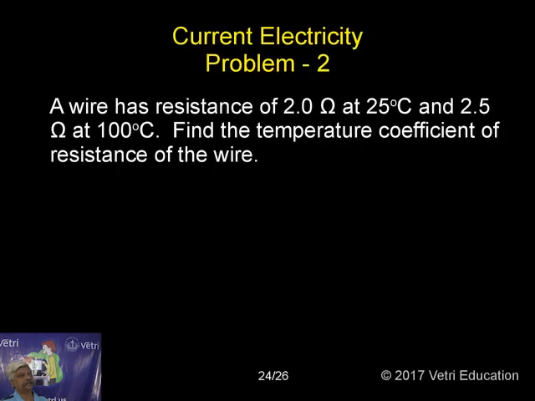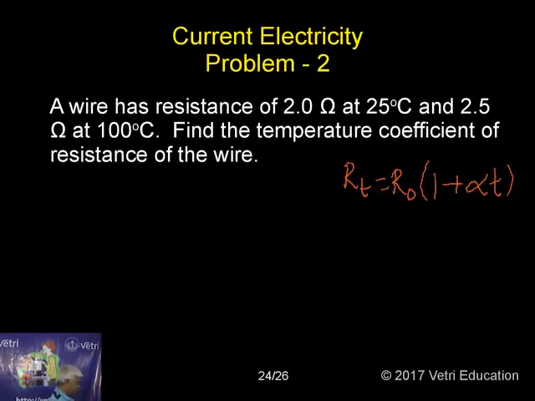When the temperature increases, resistance also increases. We know R_T is equal to R0 into 1 plus alpha T, where R0 is the resistance at 0 degrees centigrade and R_T is the resistance at T degrees centigrade. In our question, two temperatures are given: first 25 degrees, second 100 degrees.